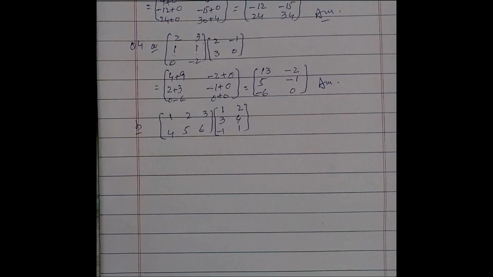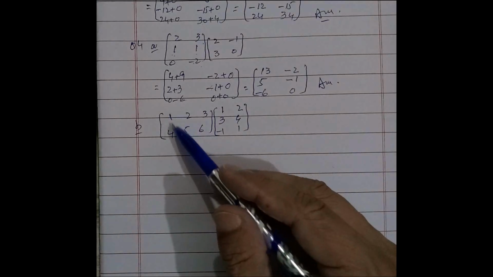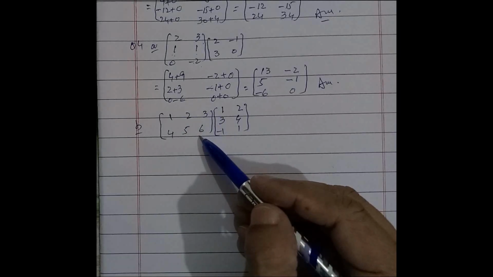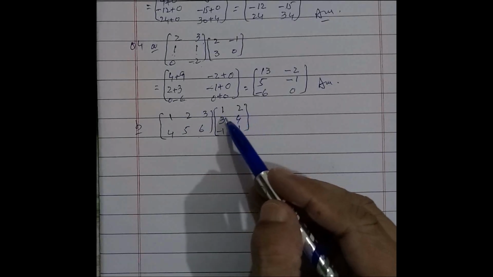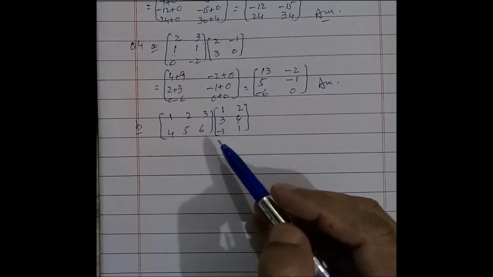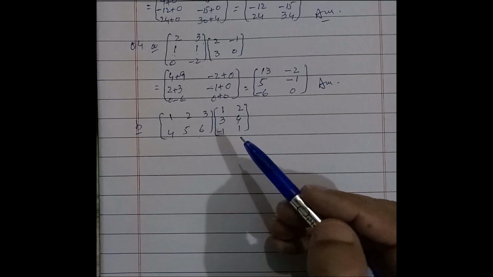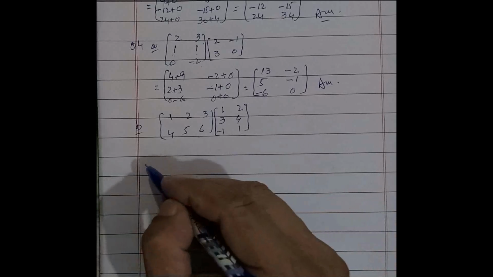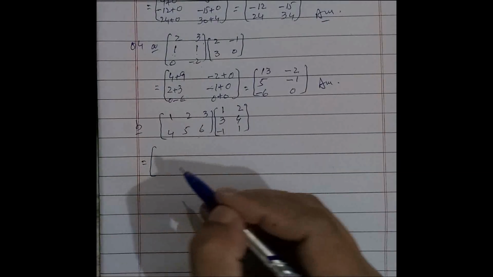And we first confirm whether they are multiplicable or not. The number of columns of the first matrix is 3 and the number of rows of the second matrix is also 3. They are equal, so they are conformable for the multiplication. Now we multiply these values.